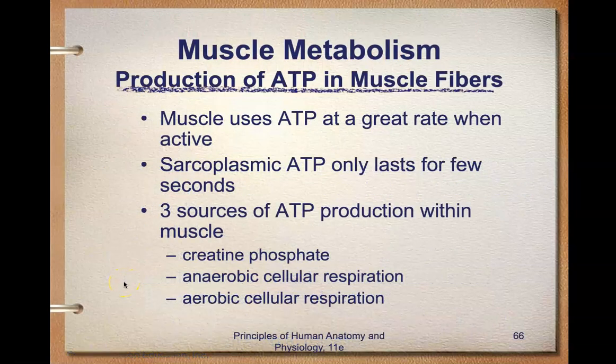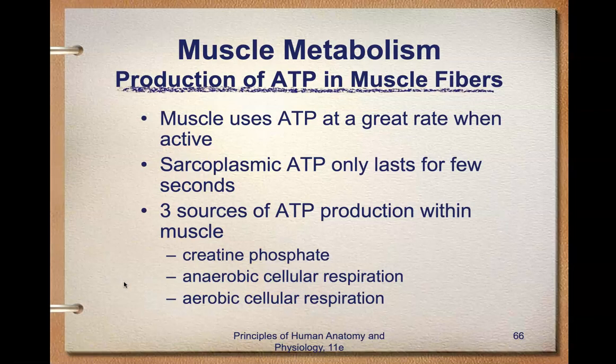So since we're talking about ATP, let's quickly talk about muscle metabolism and the production of ATP in muscle fibers. As you probably know, muscles use a lot of ATP at a really high rate, especially when they're active.